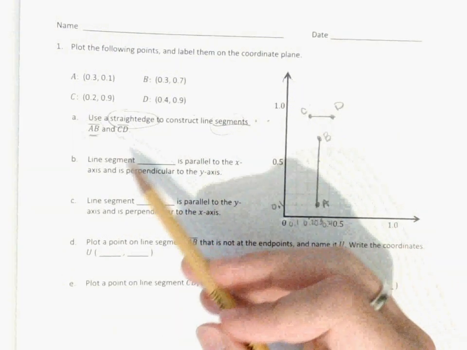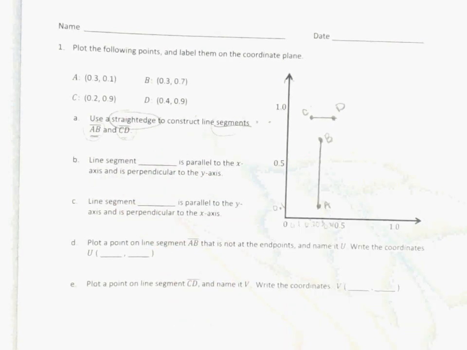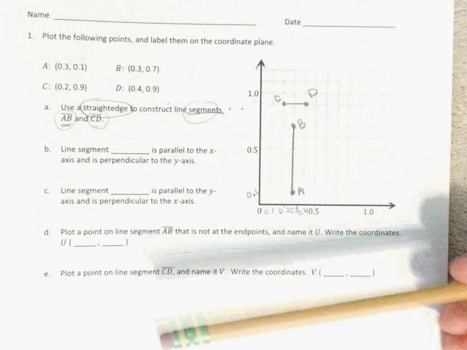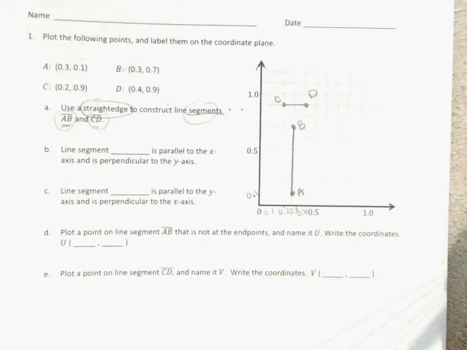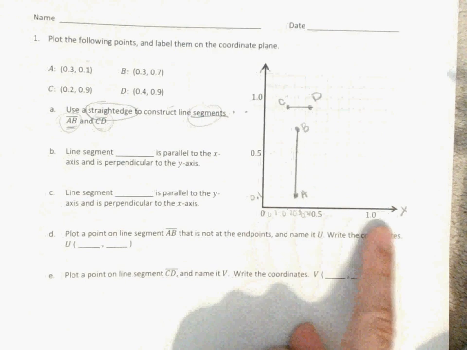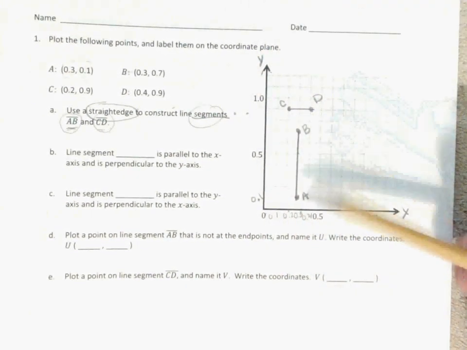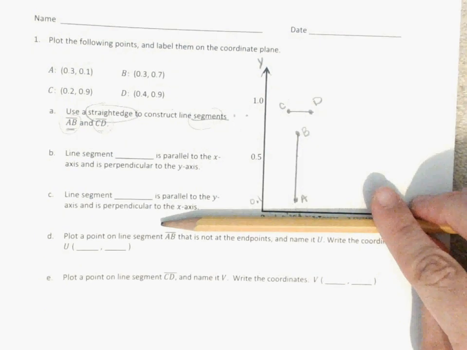Alright, this says line segment blank is parallel to the x-axis. So remember from lesson 5, it said 2 lines that don't touch, but they run parallel to each other. So if our x-axis is going side to side and our y-axis is going up and down, which one runs parallel to this x-axis?